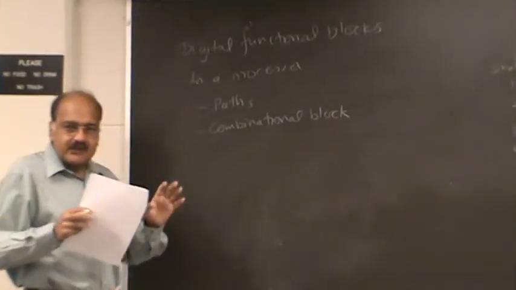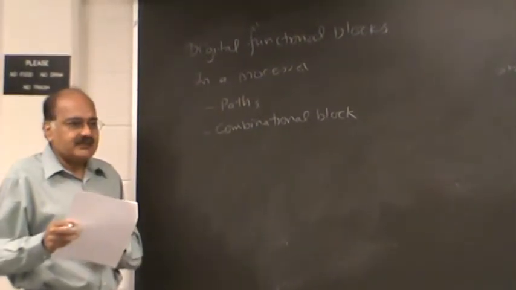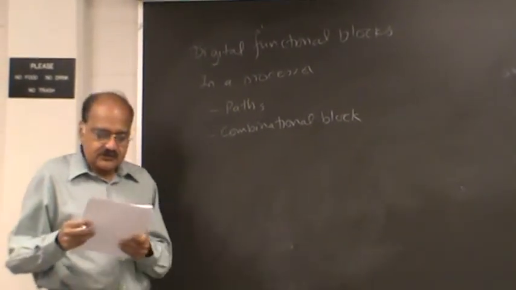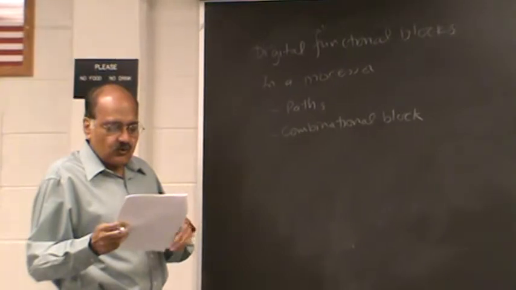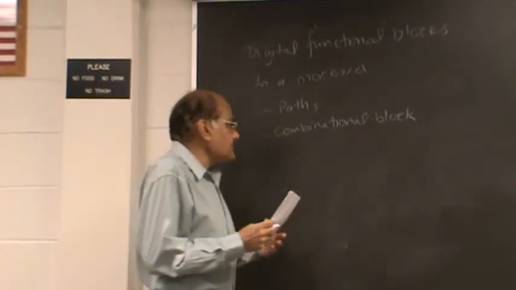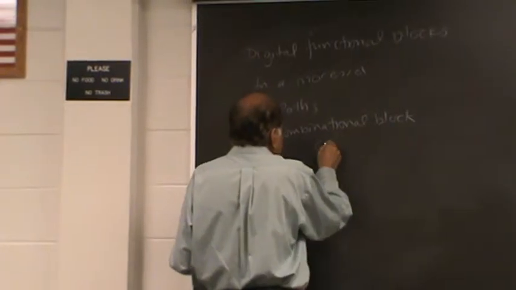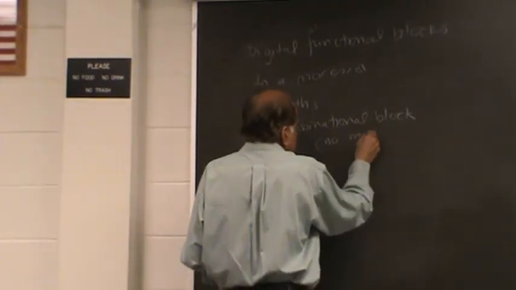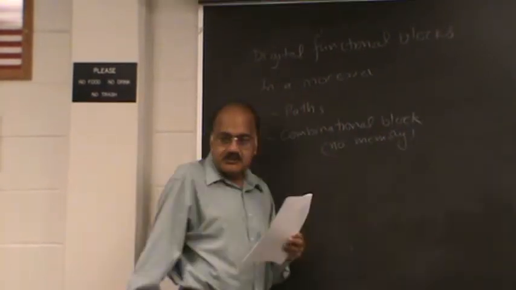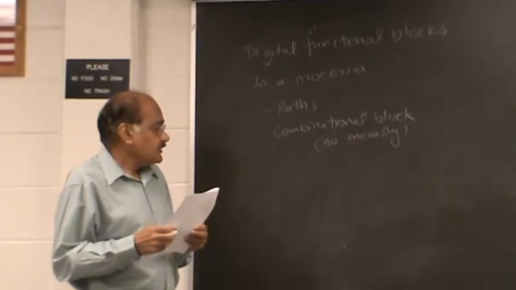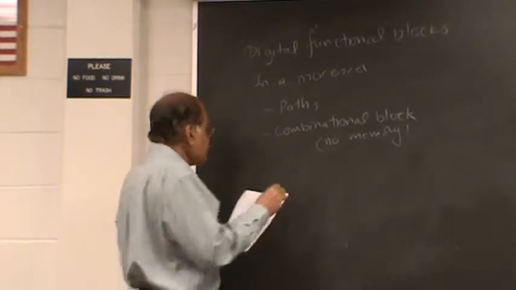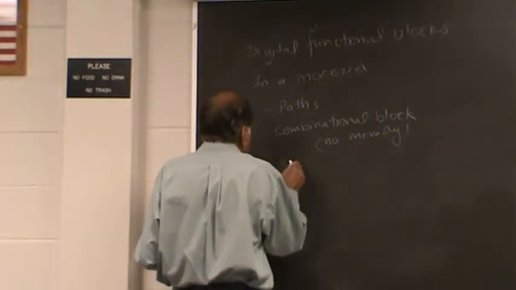So you can have some random logic, some bunch of NAND gates or AND gates and OR gates, inverters, programmable logic array, or ROM is also a combinational circuit. So basically a combinational block has no memory. So a combinational block doesn't have any state. There are no storage elements in there, as opposed to a sequential block.